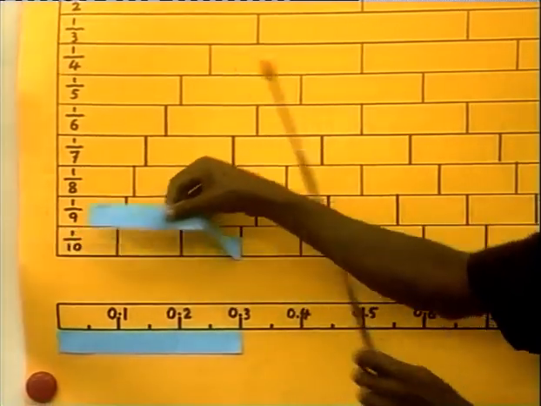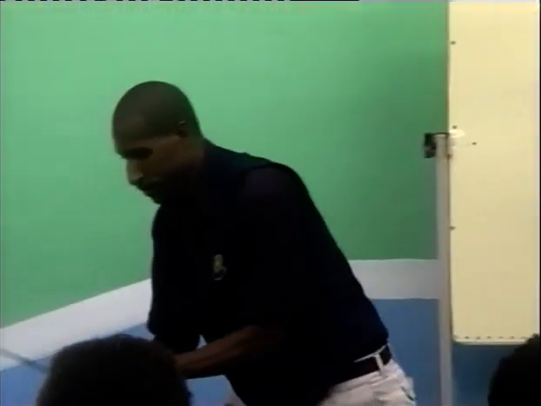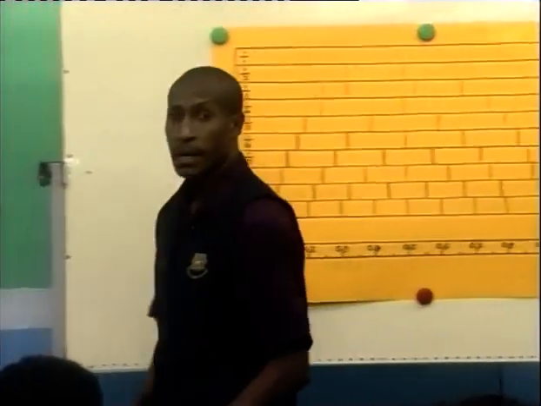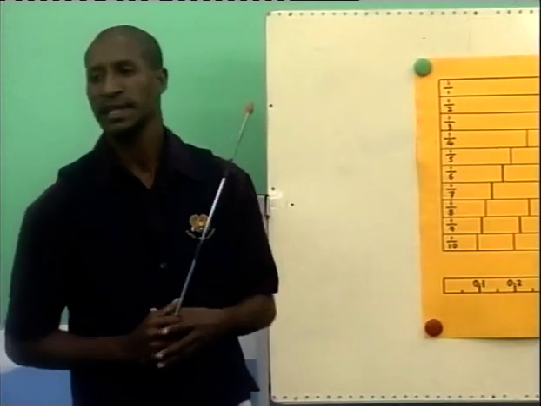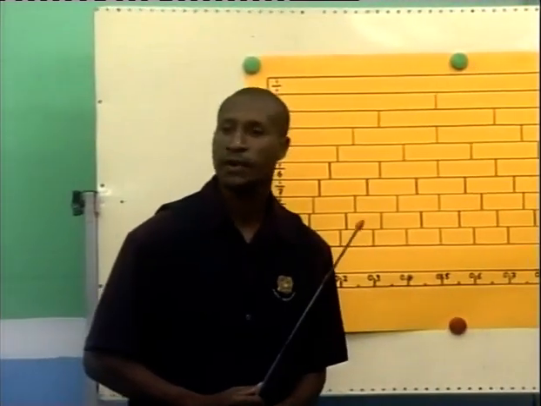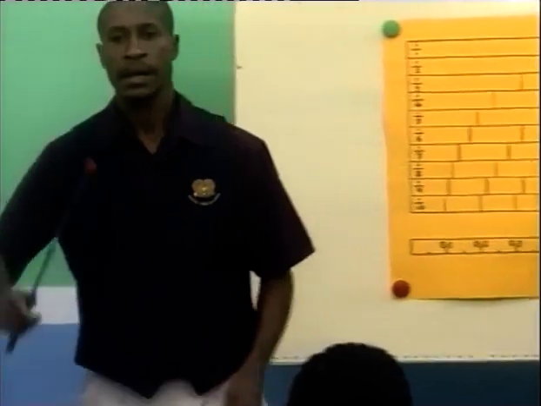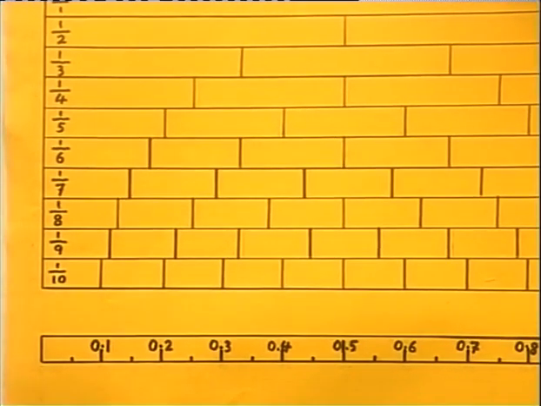Can we try one last one? Okay. Receiving students and ATs, I will have one of the model class students come up and pick where 6/7 is on the fraction wall. Yes, let's have our friend here.